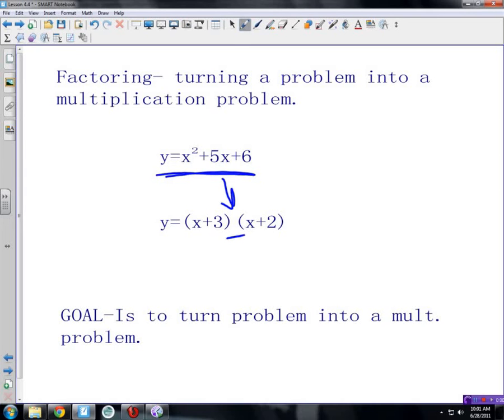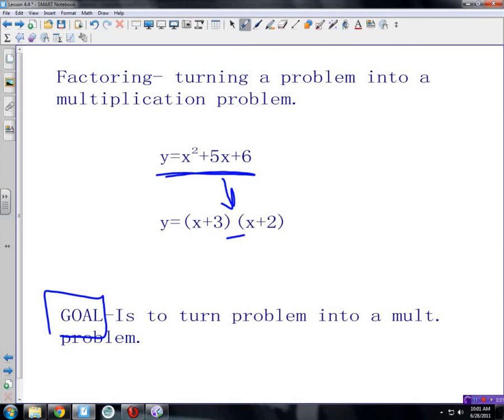So we actually turn it into like a FOIL problem, right? So it's a multiplication problem. That is our goal for each one of these, is to turn it into a multiplication problem. Now, today we're just going to be learning how to do this, but we're not just factoring to factor. There's actually reasons behind it, and you'll see that down the road in our lessons.